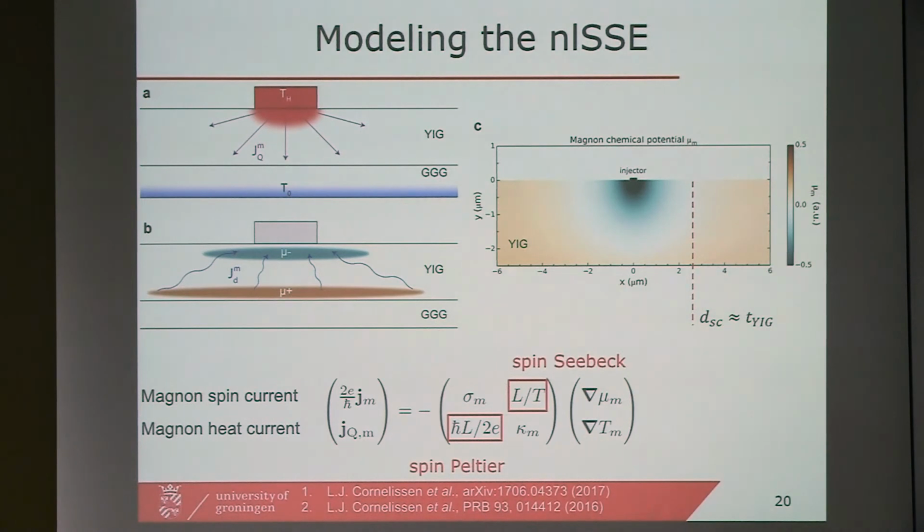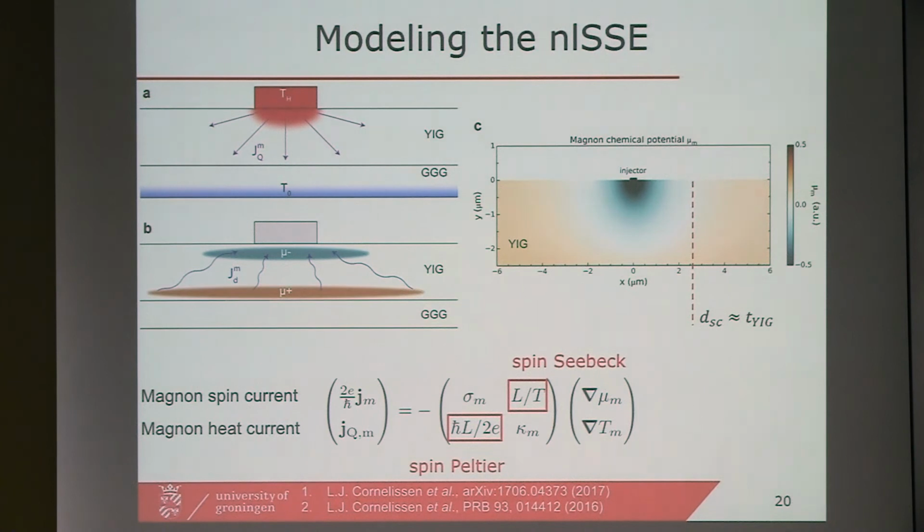And now we can also understand why this is related to the YIG thickness, because if you make the film thicker, basically you reduce this gradient here between mu minus and mu plus. So this diffusive backflow current will become smaller, and that causes this region mu minus to spread out further into the YIG.